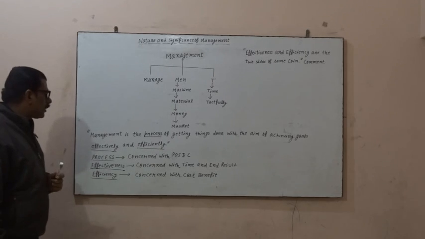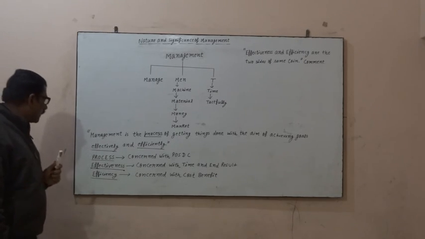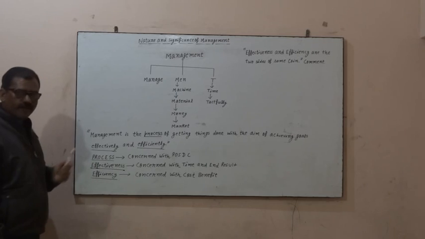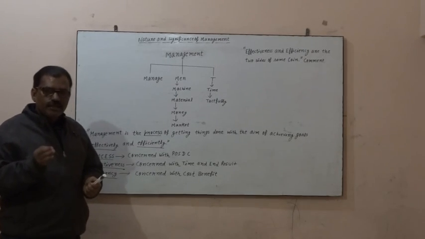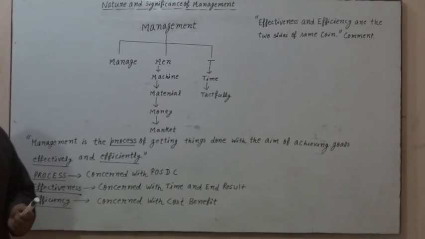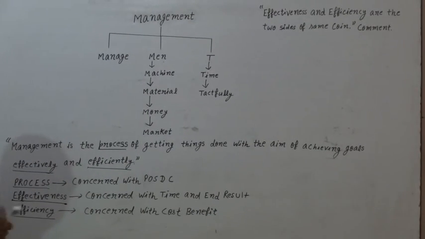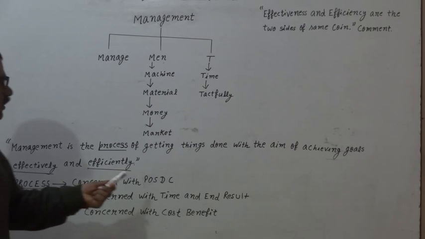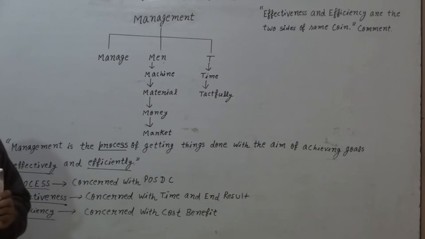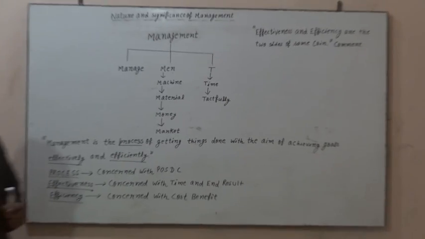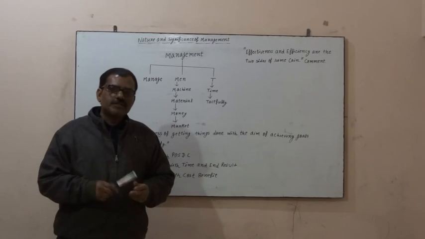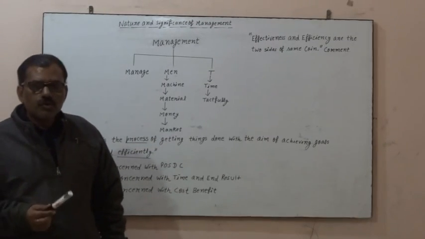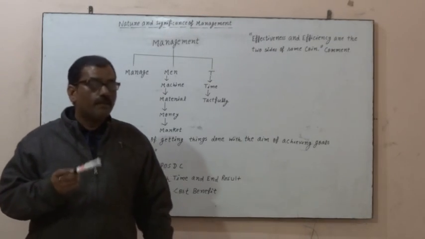Now we will try to understand the another term, that is effectiveness. Dear students, effectiveness is directly concerned with time and result. I will explain effectiveness with the help of an example. Suppose a manager is given a task of producing 10,000 units in a month.